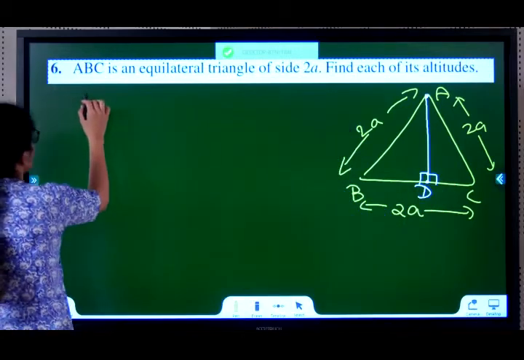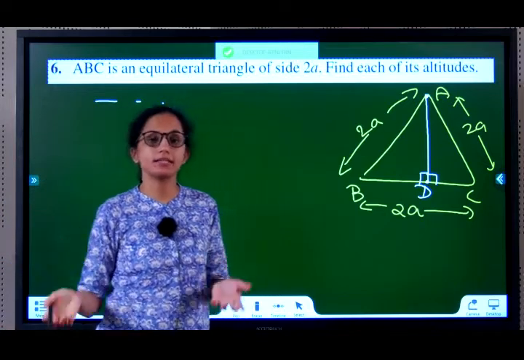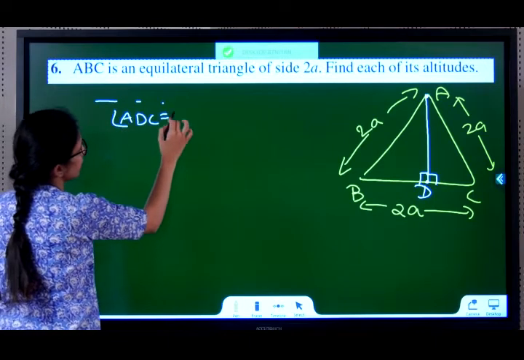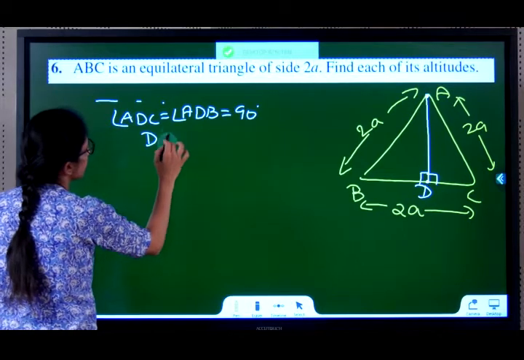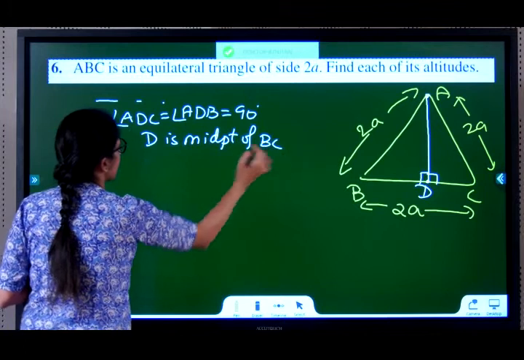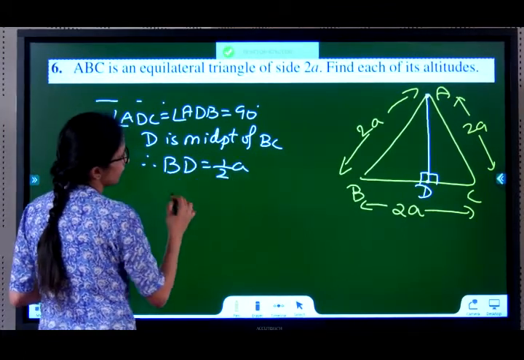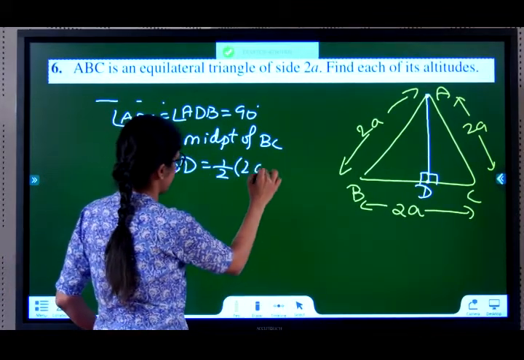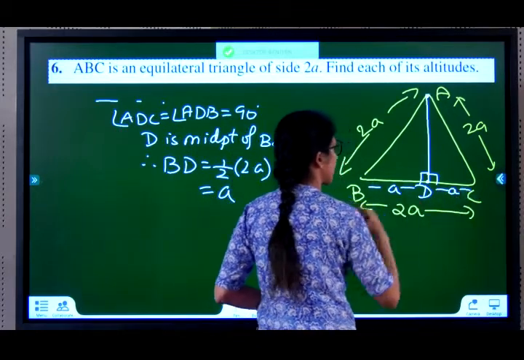So in an equilateral triangle, write down, the altitude is the same as the median. So angle ADC is equal to angle ADB equal to 90 degrees, and D is the midpoint of BC. Therefore, I can say BD is half of 2A, because side length is 2A. So this becomes A. So we get this as A and this as A.